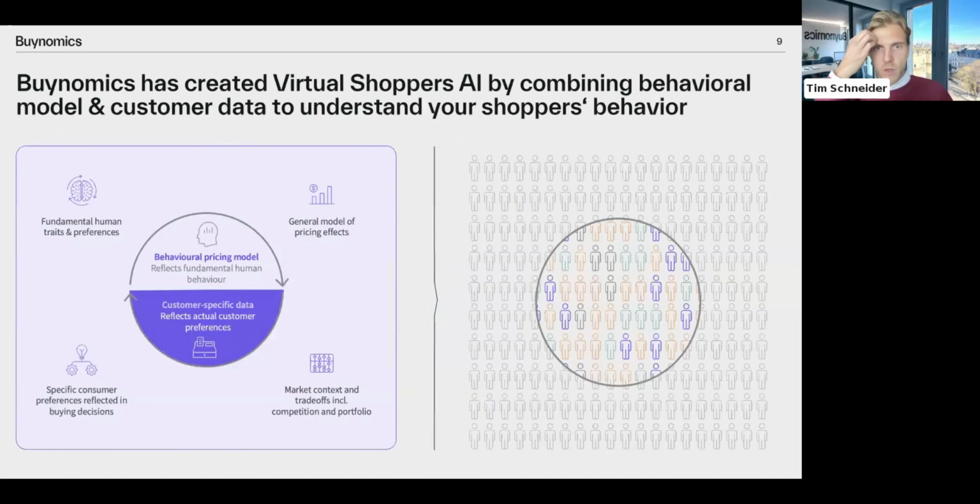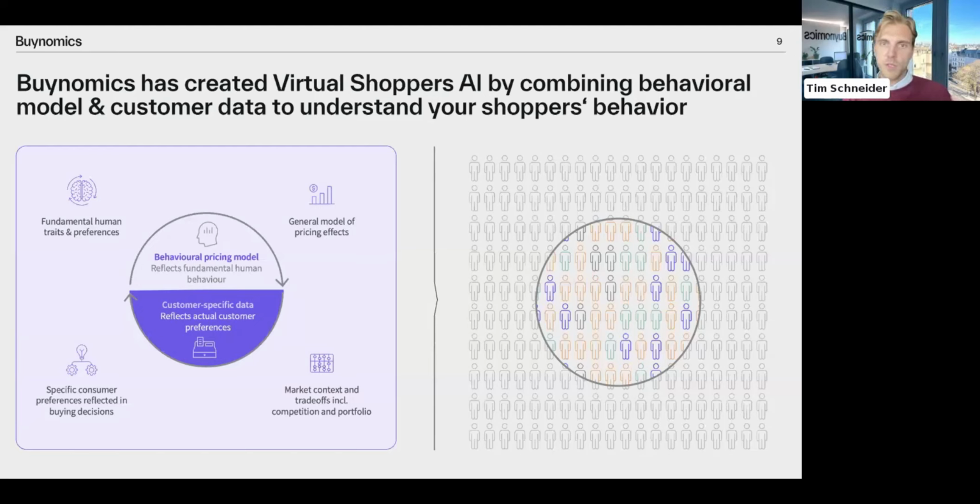And that's also what we have built basically at Buynomics, where we are focused on. We try to understand really how do shoppers purchase and why do they purchase like that. And for that, we've basically built this virtual shoppers AI, which is the fundamental behavioral pricing model, and that is then being combined with data from the markets that we work with to create what we call the digital twin of the market.